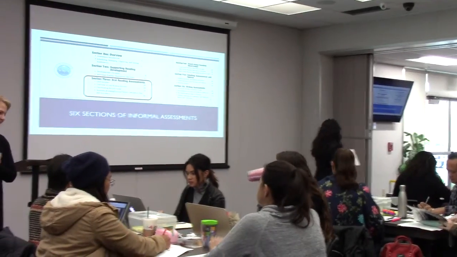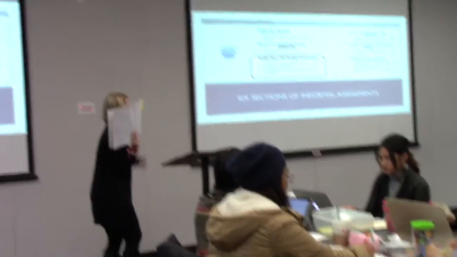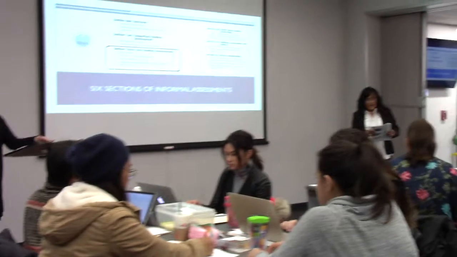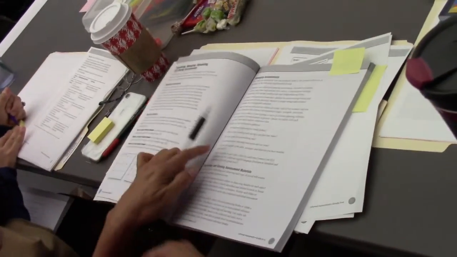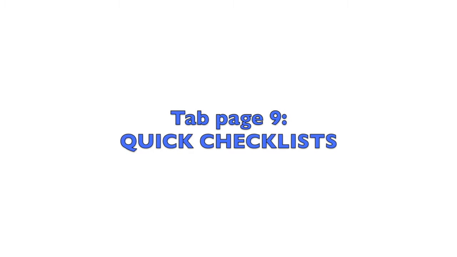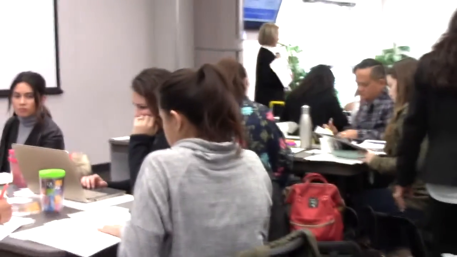We can tab that because it gives us management and organization. So I think that's important, how to get us started, right? And then on page 9, we have quick check-ins, checklists. And then page 103, parent communication.